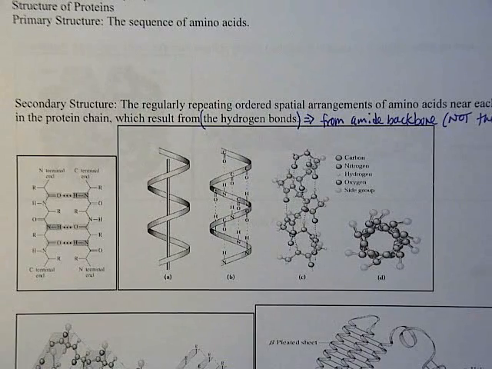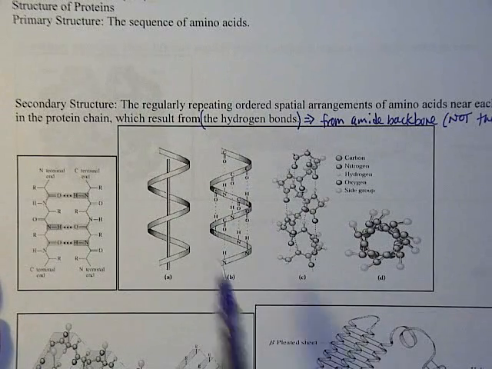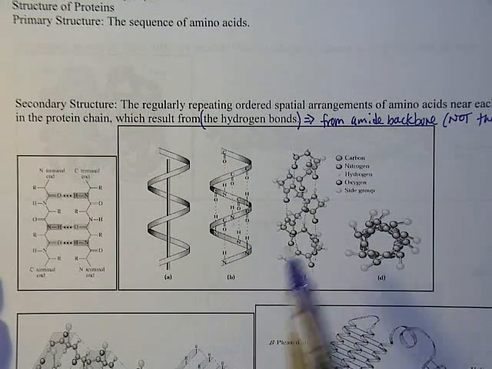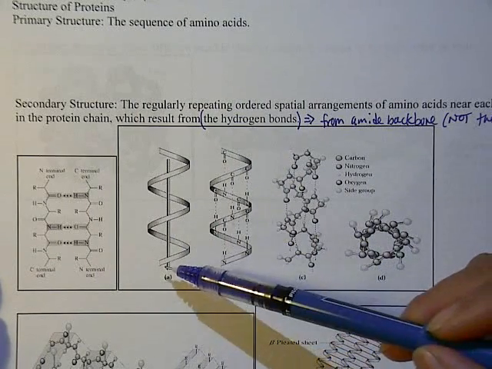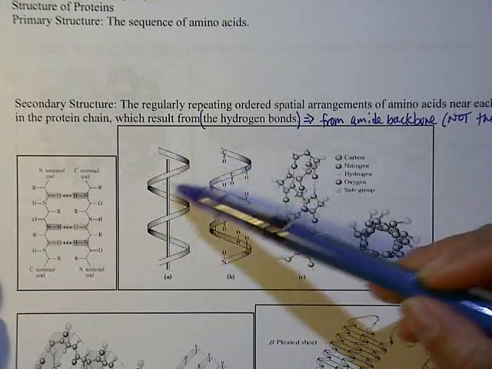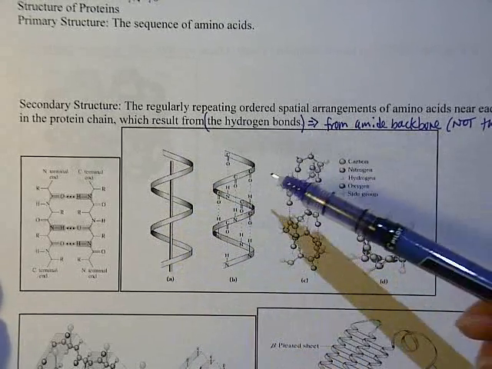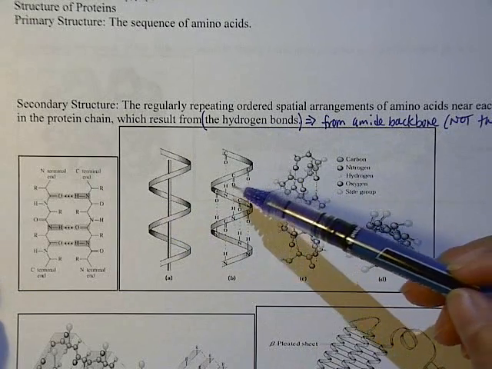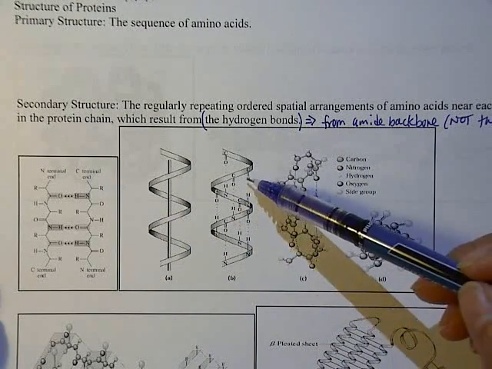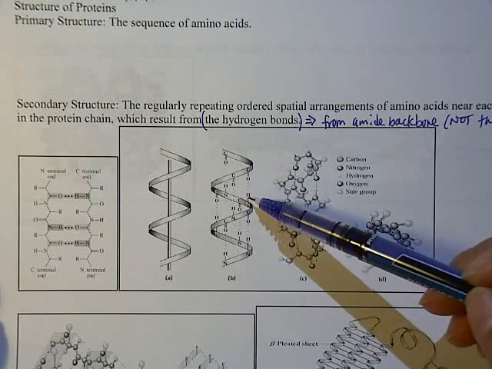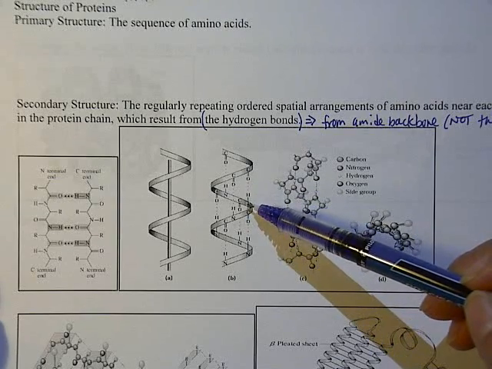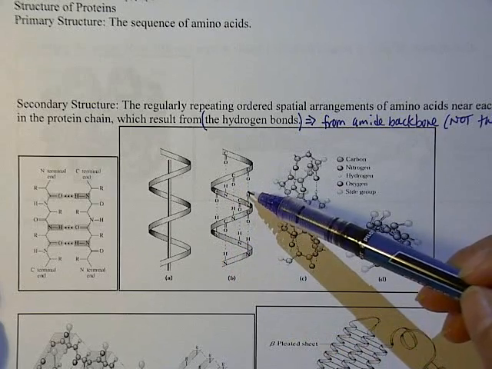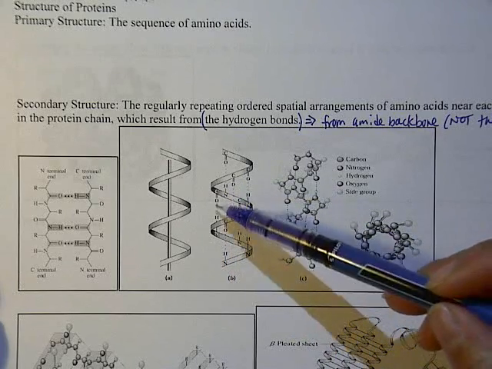Okay, so the alpha helix, which is what is shown here, is a result of, so this is the amino acid chain, and notice that about 3 amino acids away, this carbonyl is close to the hydrogen on the nitrogen of the backbone, and so it could hydrogen bond. Same thing here, same thing here.